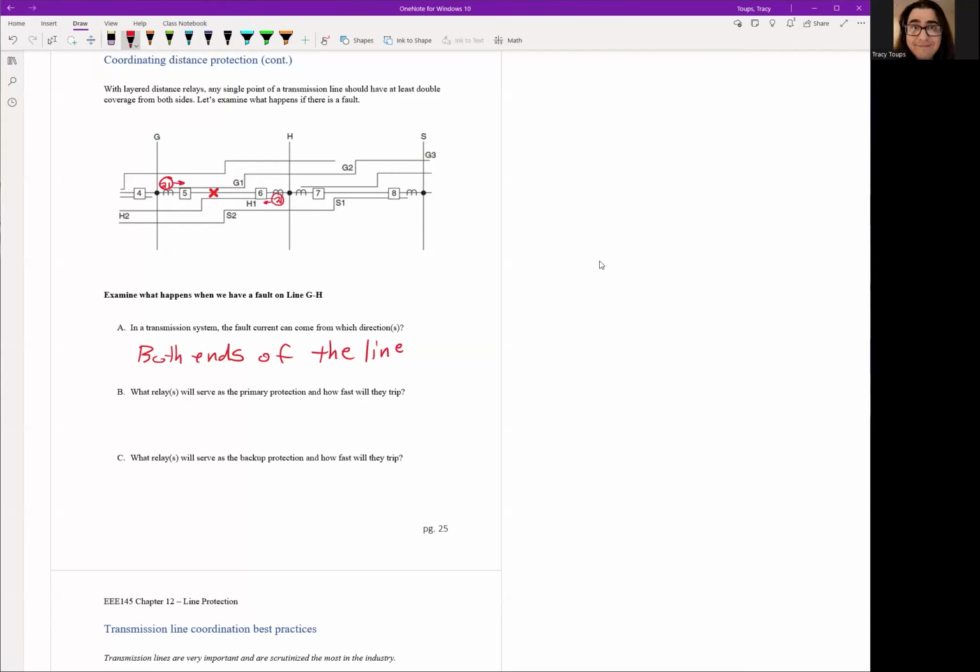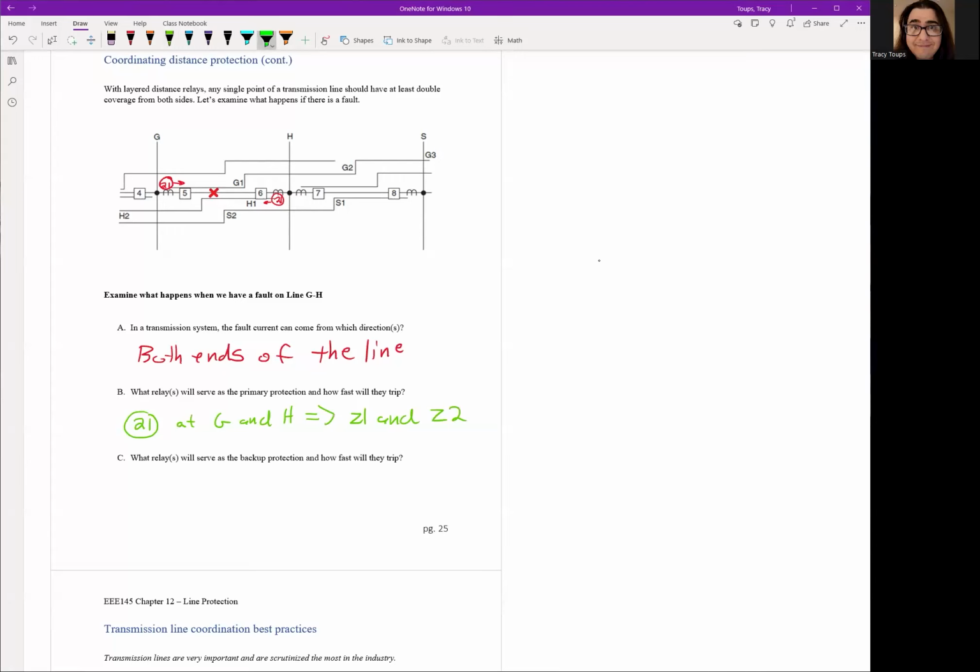Okay. So if we have a fault midline, which relays will serve as primary protection? So the 21 relays at G and H, their zone 1 and zone 2 will be primary protection.